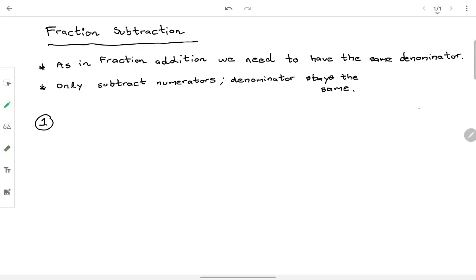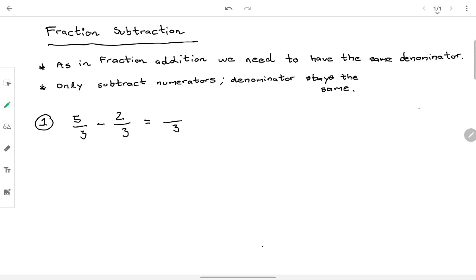If we have two fractions with the same denominator, maybe 5/3 minus 2/3, then what we need to do in this case, we have the same denominator, so we can do the fraction subtraction. We will get thirds in our answer.